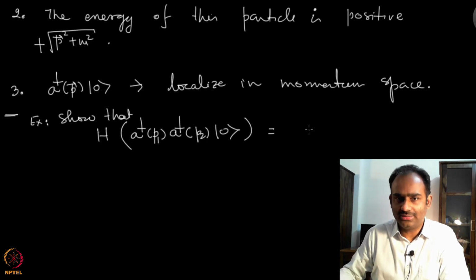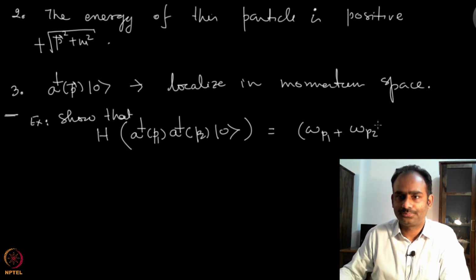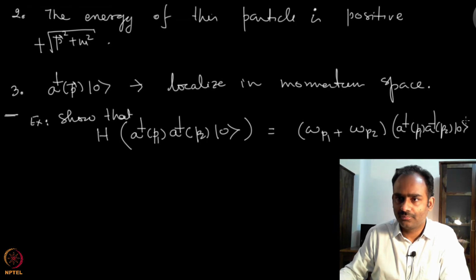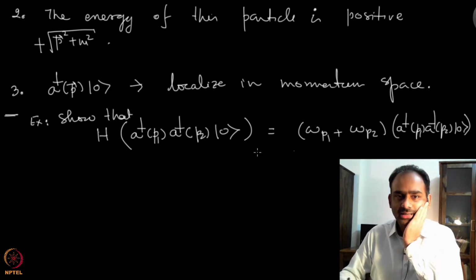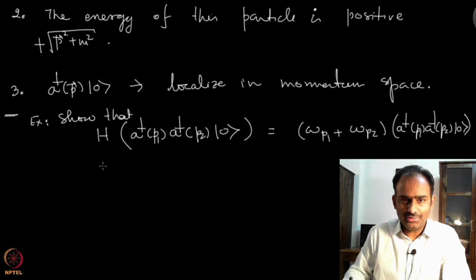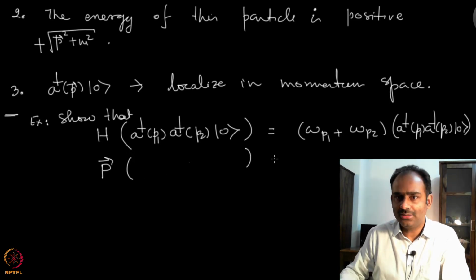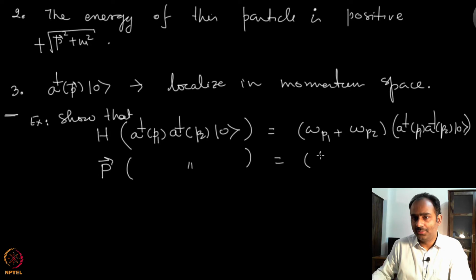Okay, and what you get here is omega p1 plus omega p2 and the same state again. Okay. So, it is an eigenstate and the energy is omega p1 plus omega p2, and of course, if you take the momentum operator and act on the same state, okay, you get p1 plus p2.